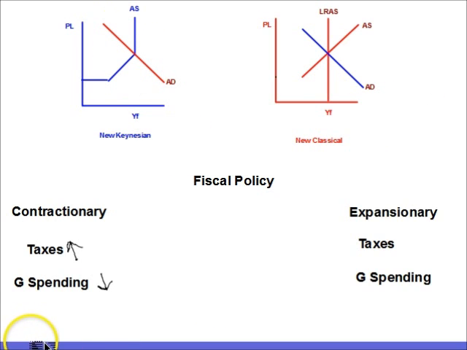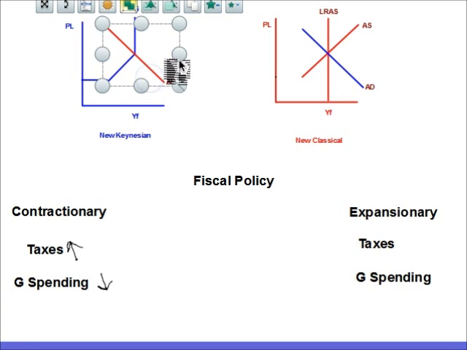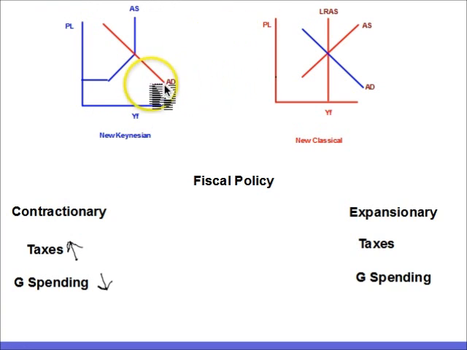Well, what if instead we are in a time of recession? What if our aggregate demand is shifted to the left? Now, in our new Keynesian model, a recession could be anywhere to the left of full employment, although often we bring it all the way down to the Keynesian range.